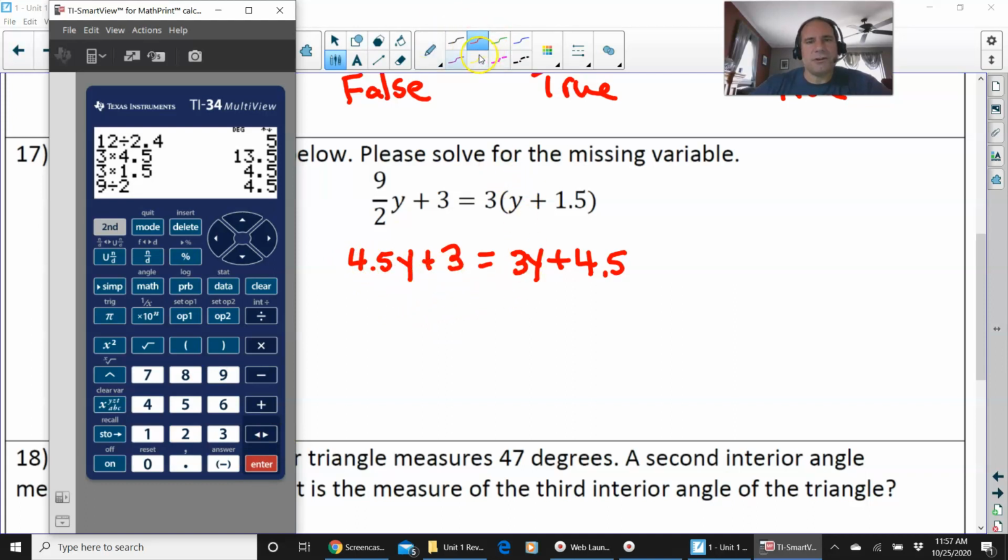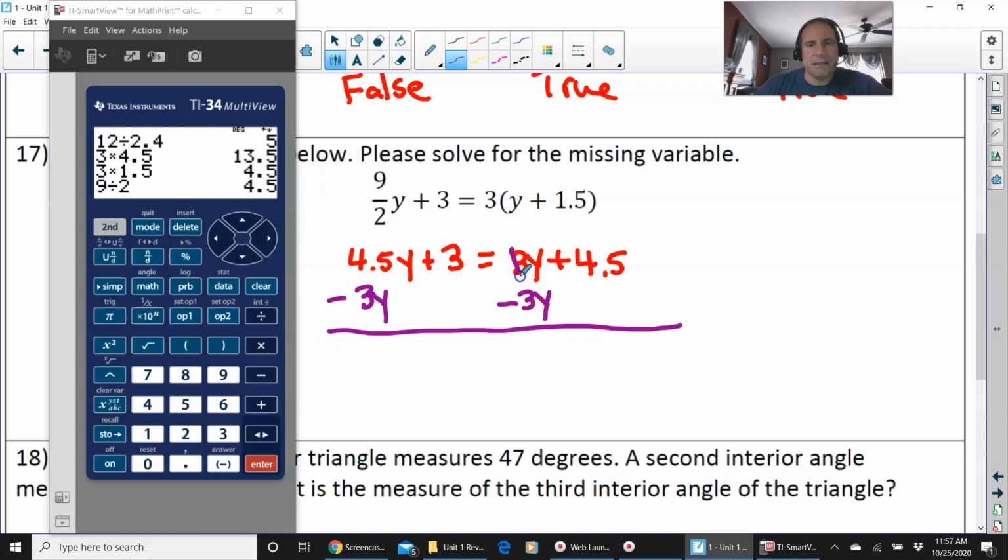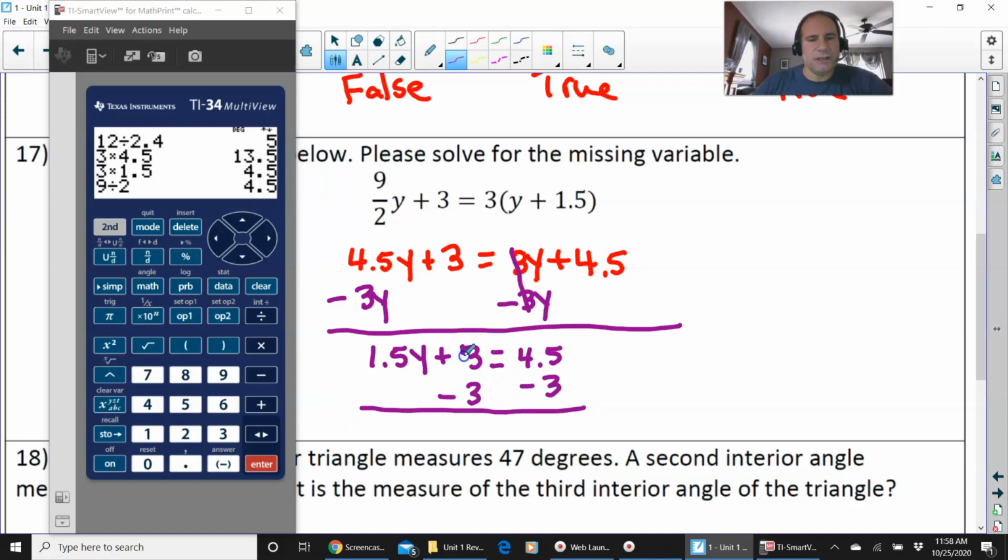And now I am just going to get the smaller y over. Again, not necessary to change that decimal, but I just felt it was easier for me. Then I would subtract the 3, knowing that I had a positive 3, using inverse operations. I'm going to go over here.